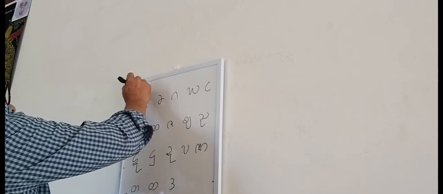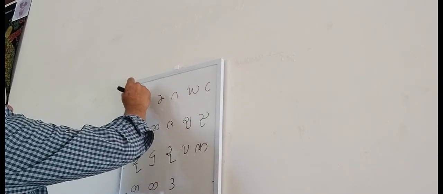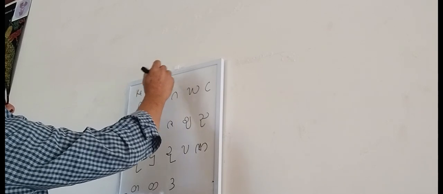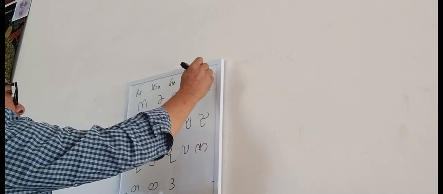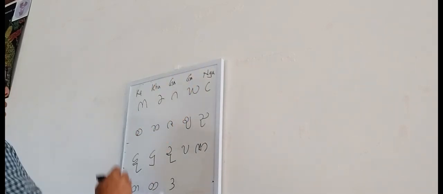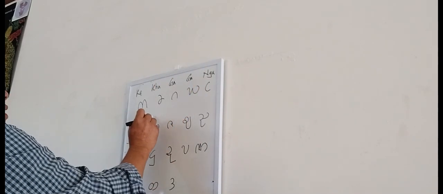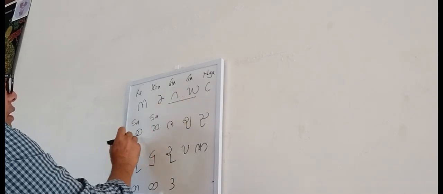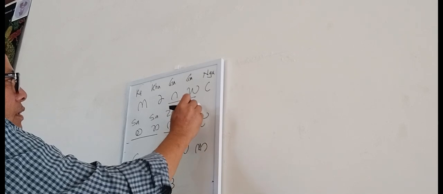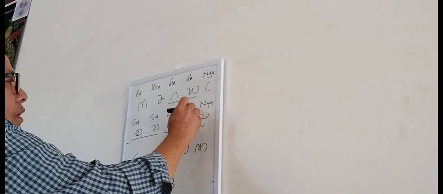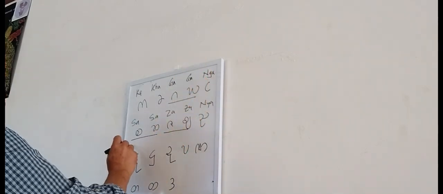So in the shorter one, this is ka, ka, the other is the same, ka, ga, nga. Okay? Sa, the two are the same. Za, za, the two are the same, nya. Right? So nga, nya, okay?